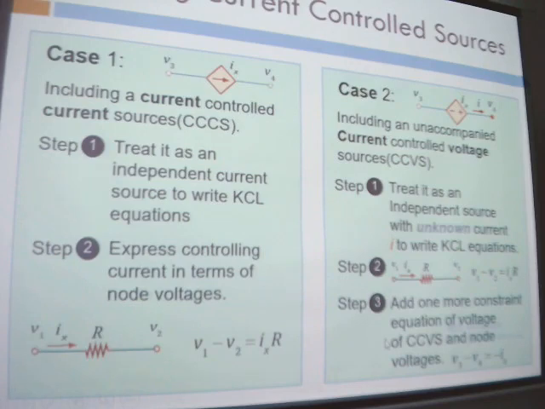And the third step, please notice here, for this part, we have one more step. We need to add one more constraint equation of voltage and node voltages. It's V3 minus V4 equal to minus Ix. Ix is here. Minus Ix is here. Okay, so we suppose an unknown current I here. This one is unknown. We just suppose we have I here. Clear?